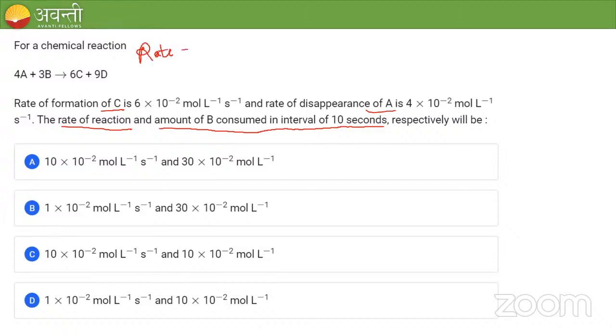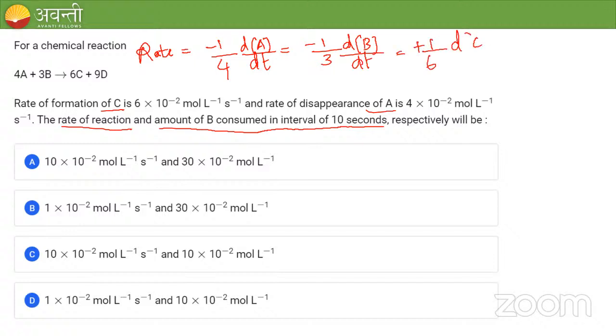The rate of the reaction is equal to minus 1 by 4 dA by dt, which is equal to minus 1 by 3 dB by dt, which is equal to plus 1 by 6 dC by dt, which is equal to plus 1 by 9 dD by dt. So this is the rate equation.